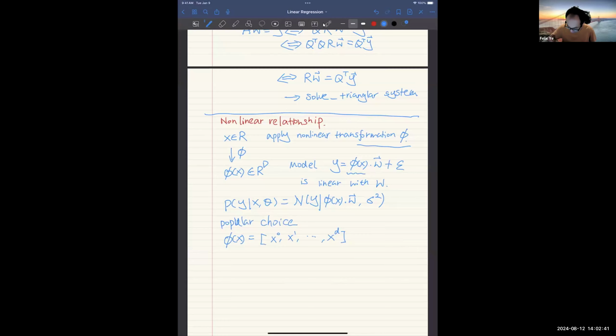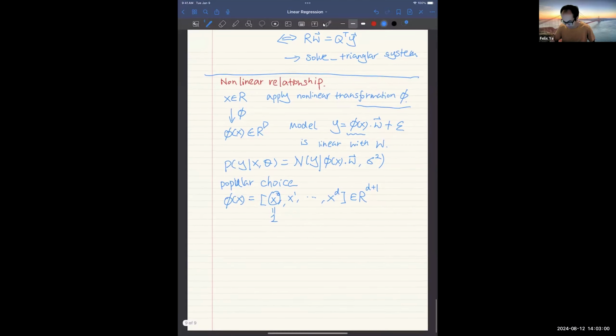Of course, x to the 0 is precisely equal to 1. So in this case this is in R^(d+1), the polynomials up to degree little d.